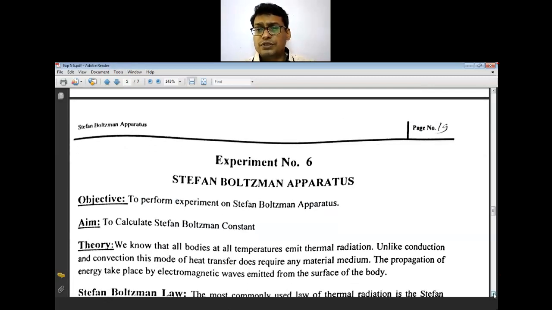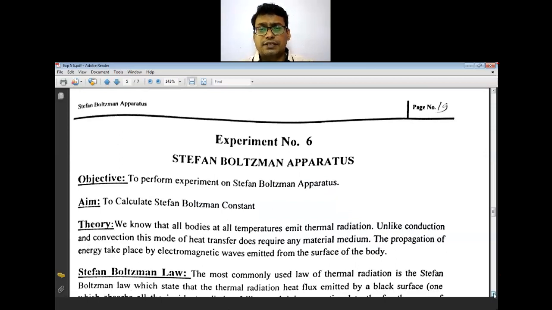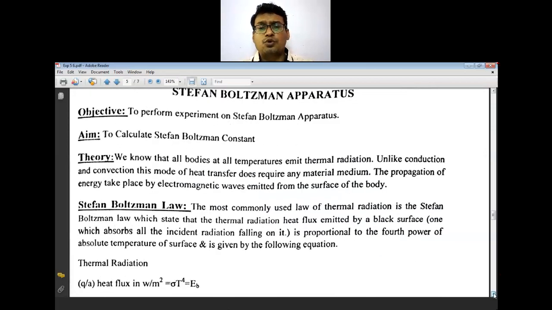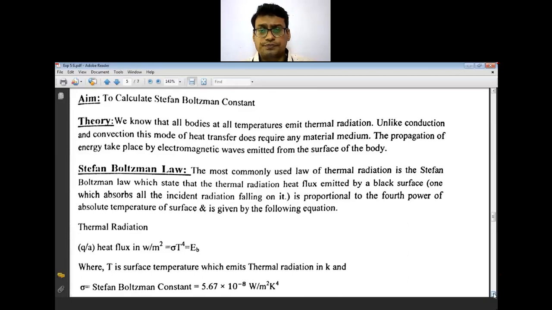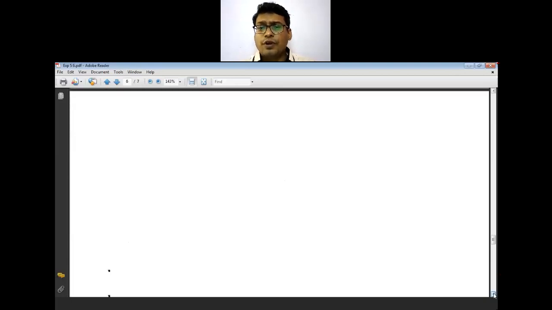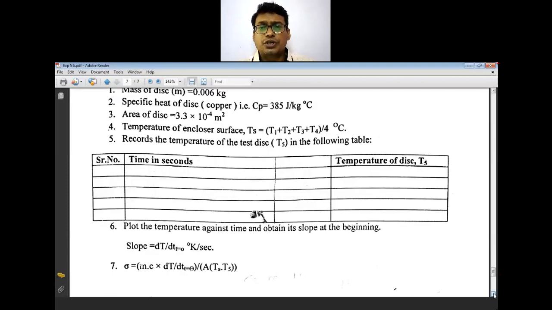So this is the Stefan-Boltzmann apparatus experiment, in which we are going to calculate the Stefan-Boltzmann constant. We are going to note down the temperature T5, that is the disk temperature, and the time in seconds, so that we can plot a graph of temperature against time.